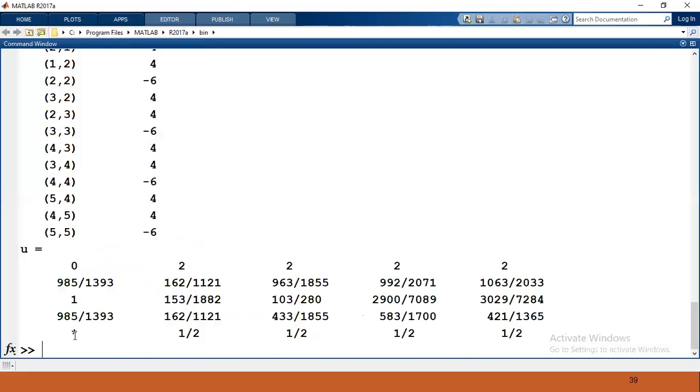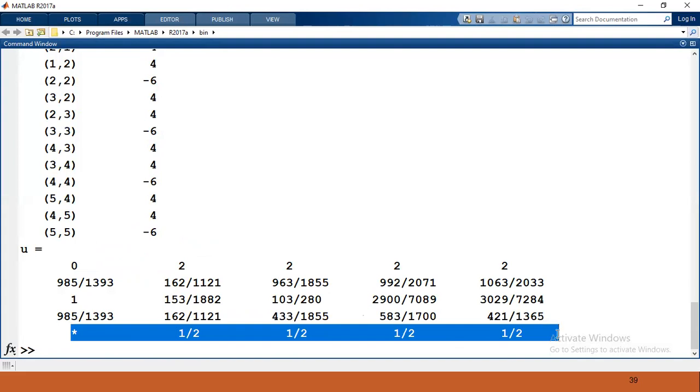When we discretize, we get these values, the initial and boundary conditions, and the whole discretization gives all the node values.